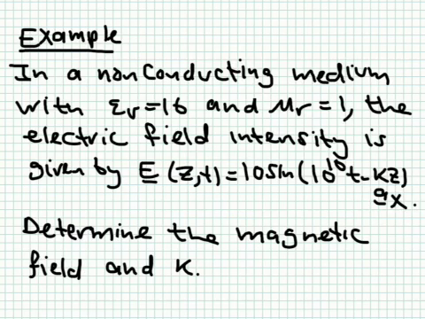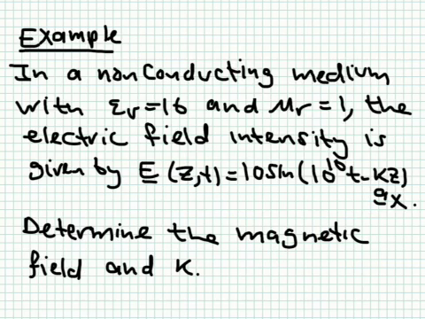It has only one component, in the x direction. This is, by the way, the expression of a wave, as we'll see later, maybe in advanced courses or later lectures. But given this expression, I would like to obtain the corresponding magnetic field and the value of k.